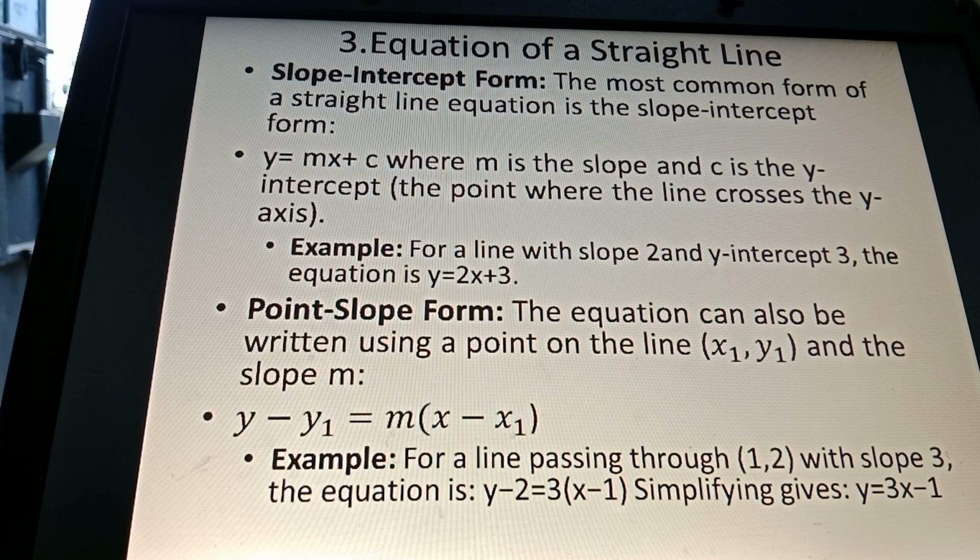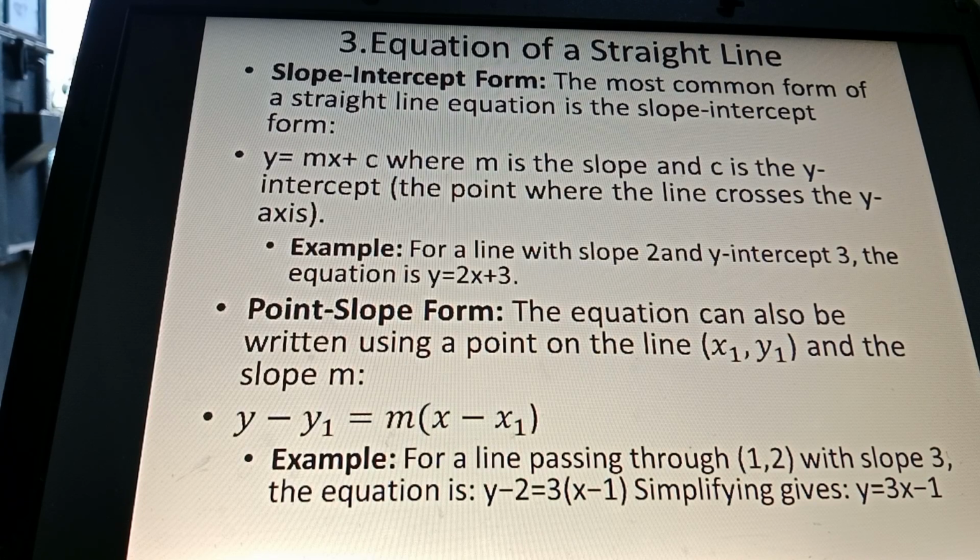The y-intercept is the point where the line crosses the y-axis. For example, for a line with the slope 2 and y-intercept 3, the equation is y equals 2x plus 3, because in the equation y equals mx plus c, m is replaced by 2 and c is replaced by 3, so that you get y equals 2x plus 3.